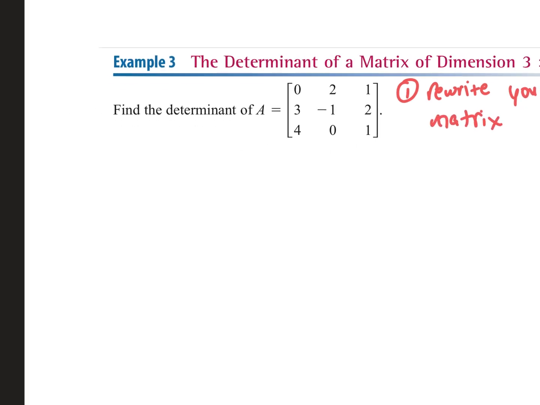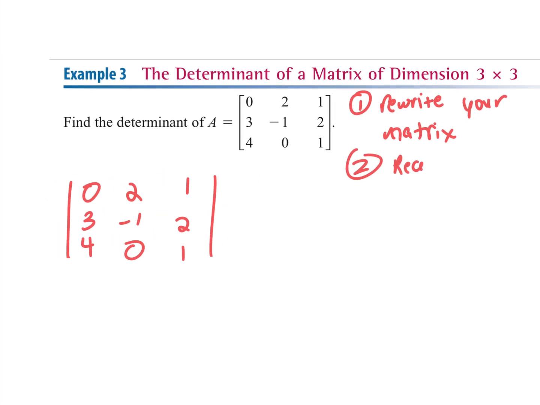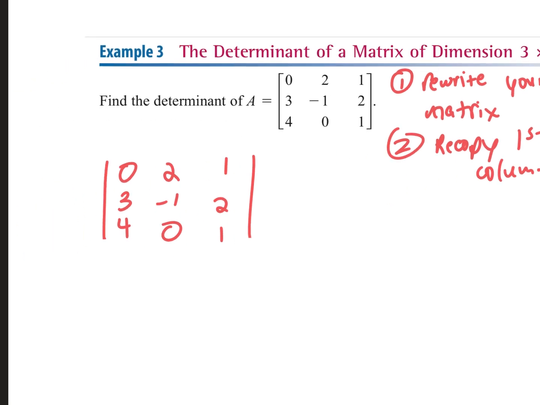I'm going to write it right here: 0, 3, 4, 2, negative 1, 0, and then 1, 2, 1. So I've rewritten. Your second step is to recopy the first and second column. So I'm going to take my first column, which is 0, 3, 4, and my second column, which is 2, negative 1, 0.